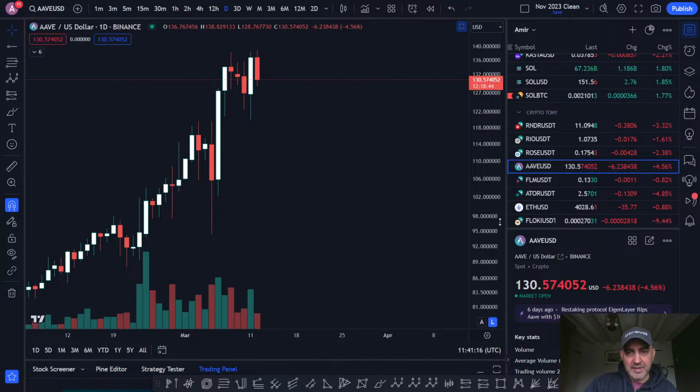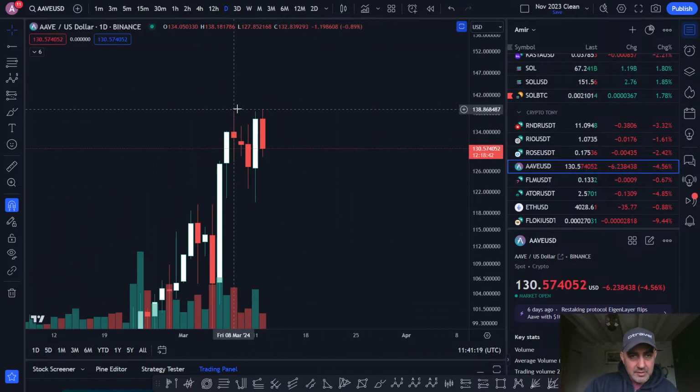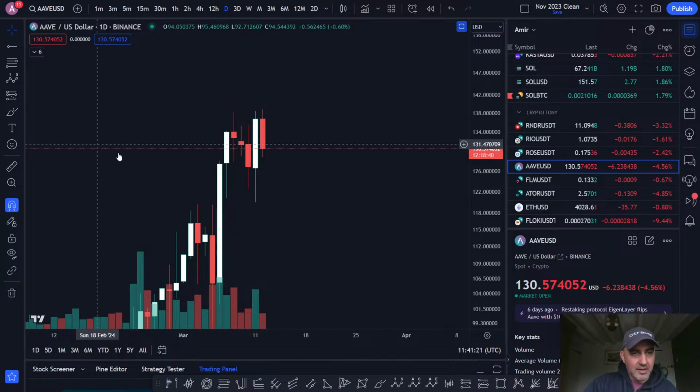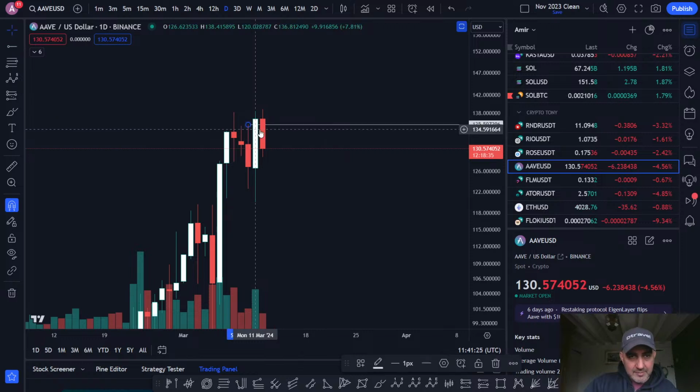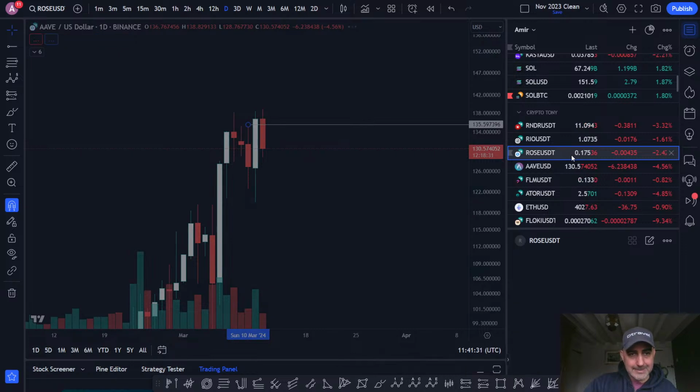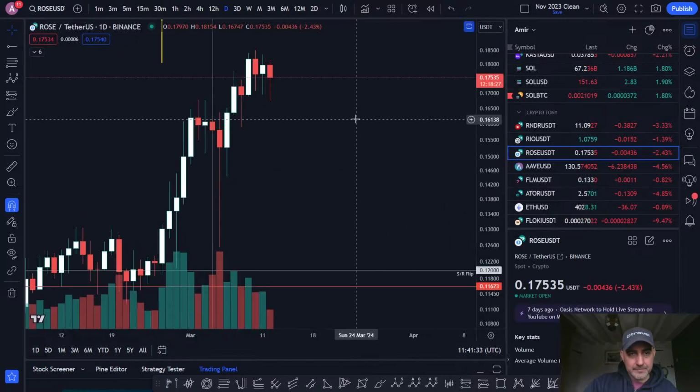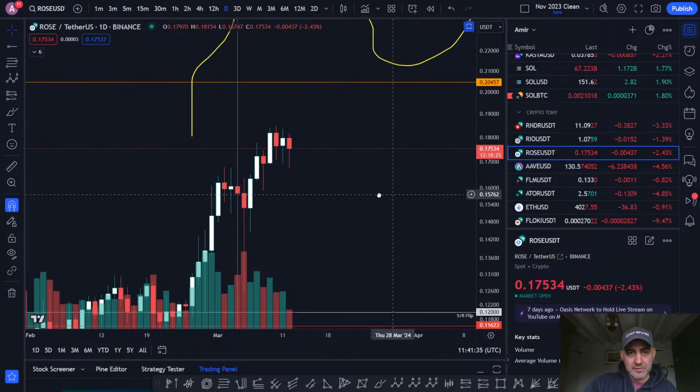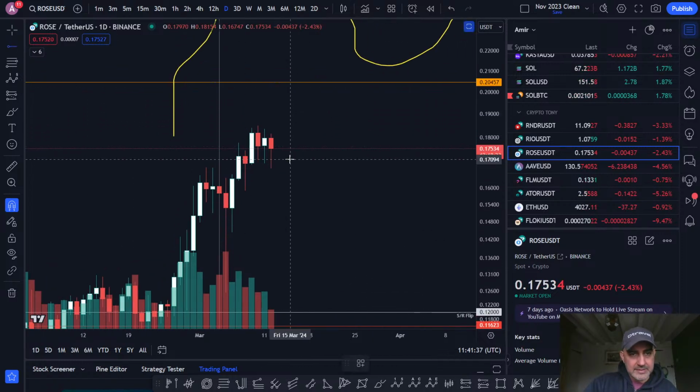Aave, same thing really. Look. SFP the high. Back underneath that pivot high. A lot of altcoins are showing reversals, huh? Even Rose. Back underneath that high.